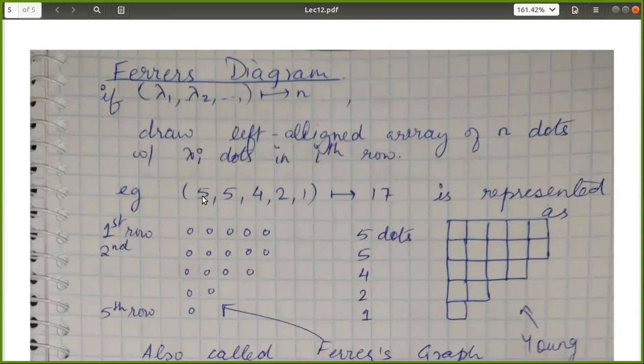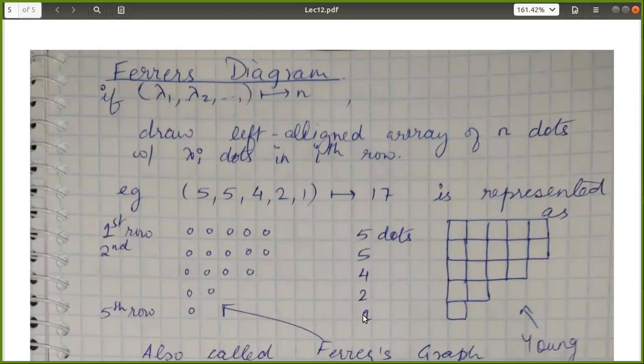First you draw 5 dots in the first row, so 1, 2, 3, 4, 5. Then in the second row you draw 5 dots again. Then you draw 4 dots, which is here. Then you draw 2 dots, and then finally 1 dot, which is here.